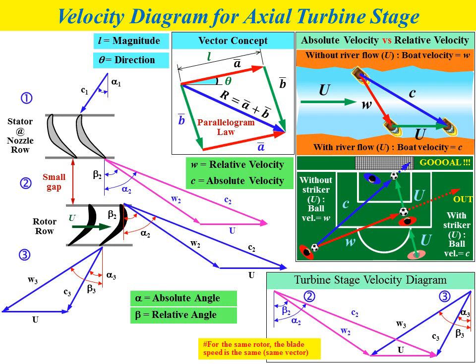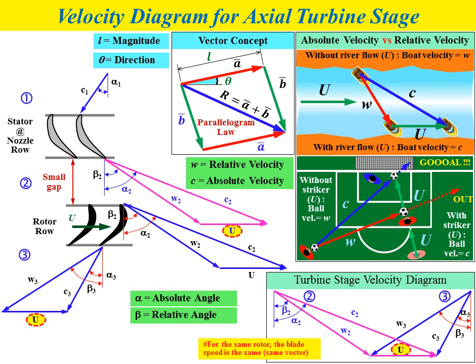If we need to draw the turbine stage velocity diagram, we can combine both diagrams: the velocity diagram at the inlet of the rotor at condition number 2, and the velocity diagram at the outlet of the rotor at condition number 3. Why can we combine them?